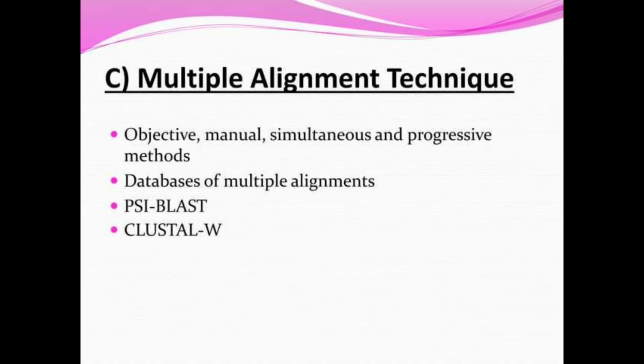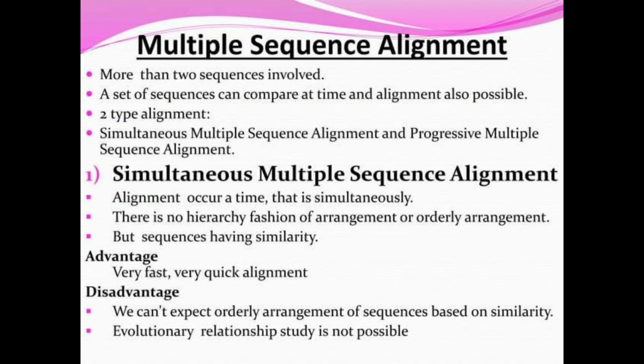Multiple alignment techniques are also available. Databases of multiple alignments can be searched with the help of PSI-BLAST and ClustalW. Many sequences can be analyzed simultaneously instead of comparing just two sequences. More than two sequences is made possible by the multiple sequence alignment method, in short MSA.